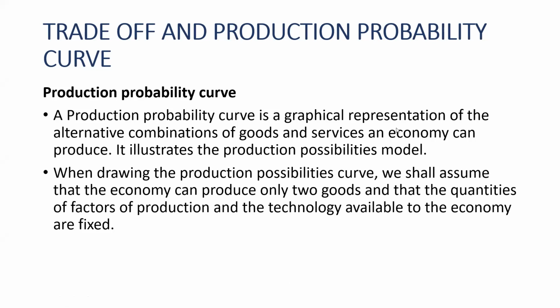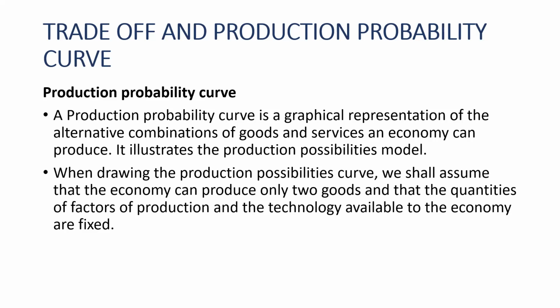We have a model called the production possibilities model. When we are drawing this production possibility curve, we should assume that the economy can produce only two goods, and that the quantities of the factors of production and the technology available to the economy are fixed.